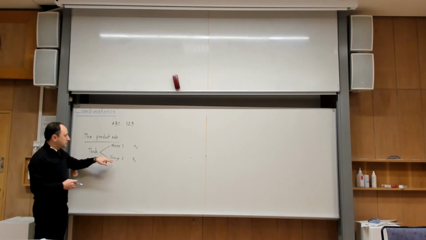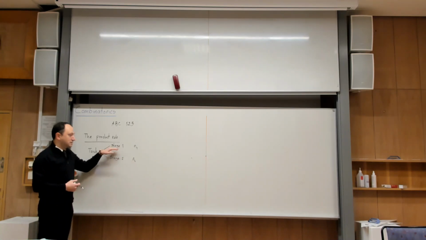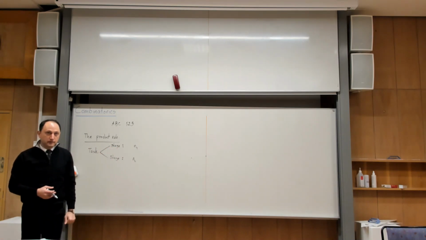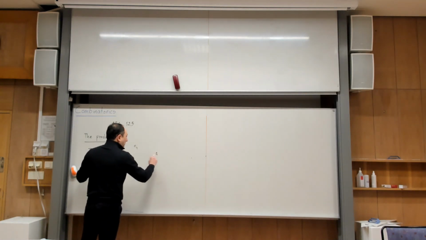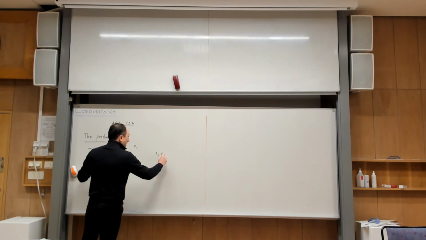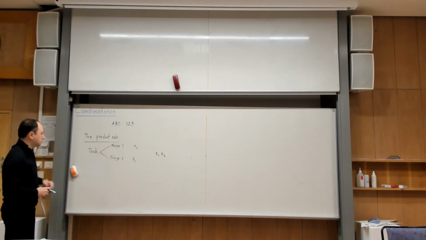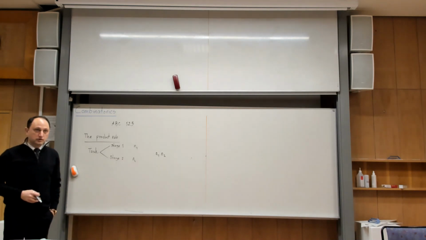And now stage 2 can be done in N sub 2 ways, independent of the way that I have done the first stage. That phrase is extremely important. In that case, for accomplishing this task, how many options do I have in total? I have N1 dot N2, N1 multiplied by N2 options available for performing the task. Yes?